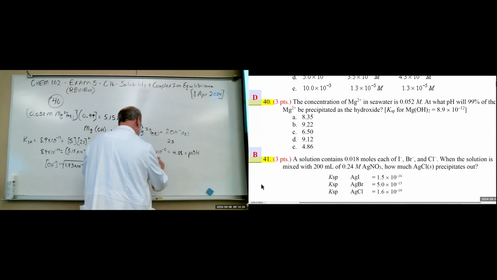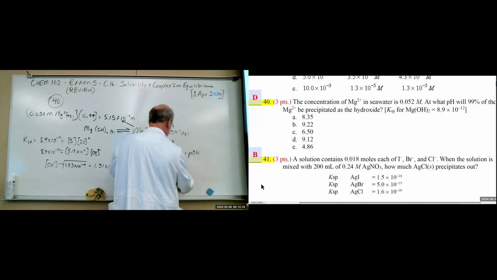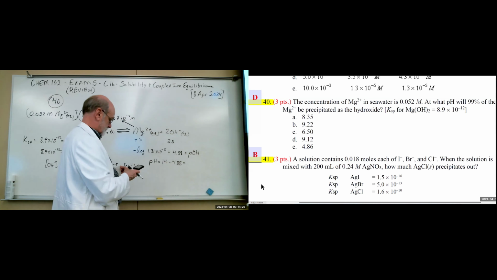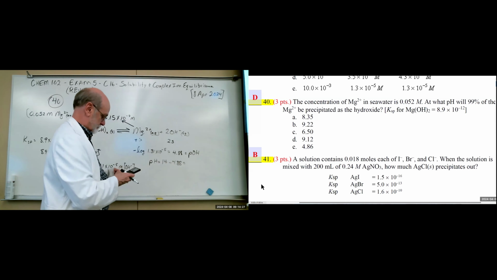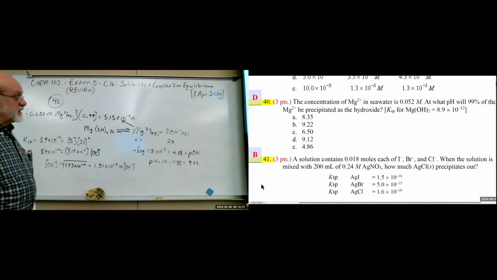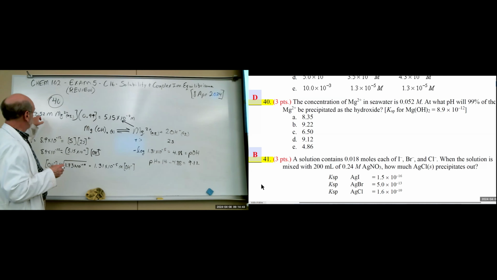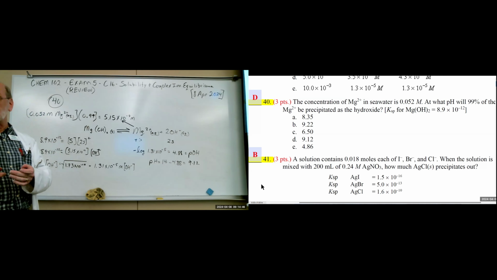And the pH equals 14 minus 4.88. That's 9.12. There you go. That's the pH that will precipitate 99% of that concentration of magnesium.